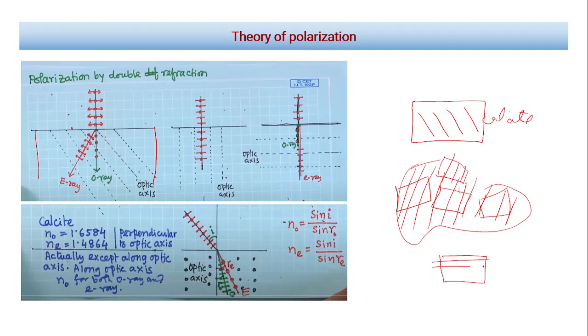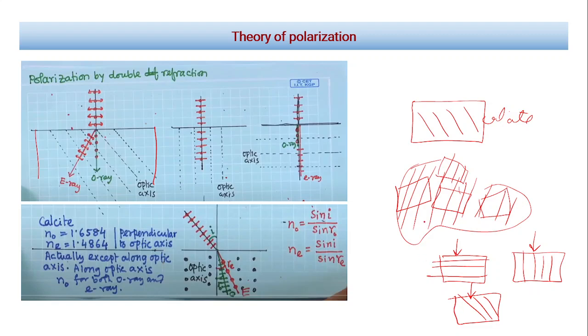At one time it could be like this, and my incident light is coming here. So for the incident light, the optic axis is normal or perpendicular, whereas if my optic axis is like this and my incident light is coming like this, then it will be parallel to the optic axis. Another case could be that it's in some random direction and my light is hitting at a particular angle.